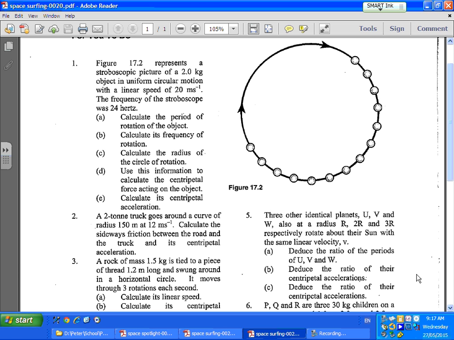Okay? Now, centripetal force, what formula is it? FC equals mv squared on r. But we know on this side, it's a force.